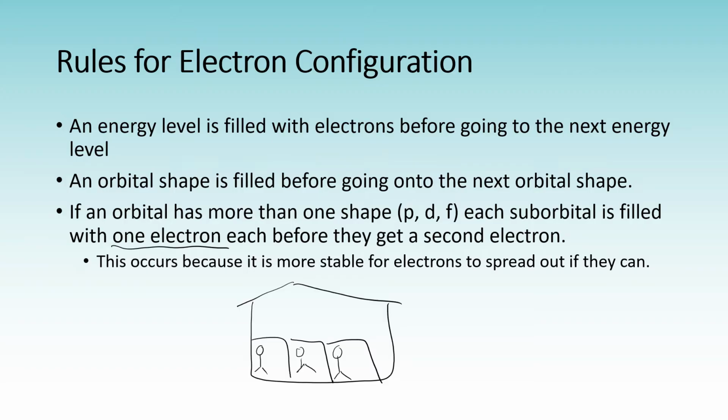When that 4th kid comes along, they've got to pair up. So now we're going to have a pair of kids in a room. And if another sibling comes along, then we're going to start pairing them up again. So that's how electrons also add to our atoms. They want to spread out before we start pairing them up. And that's when we deal with our P, D, and F orbitals. So we'll see how that works in our diagram as well.